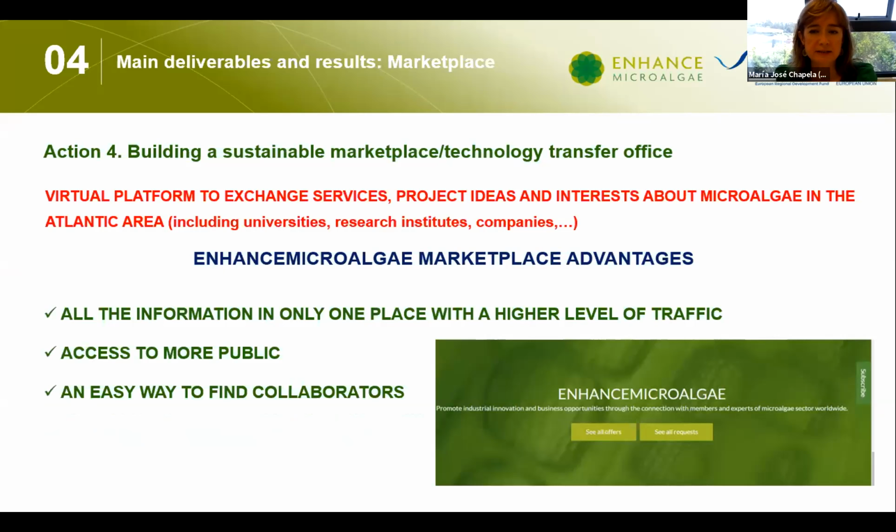The advantages that we offer are that all the information is in one place with a higher level of traffic. We will have more access to the public and an easy way to find collaborators for projects or for activities regarding microalgae.